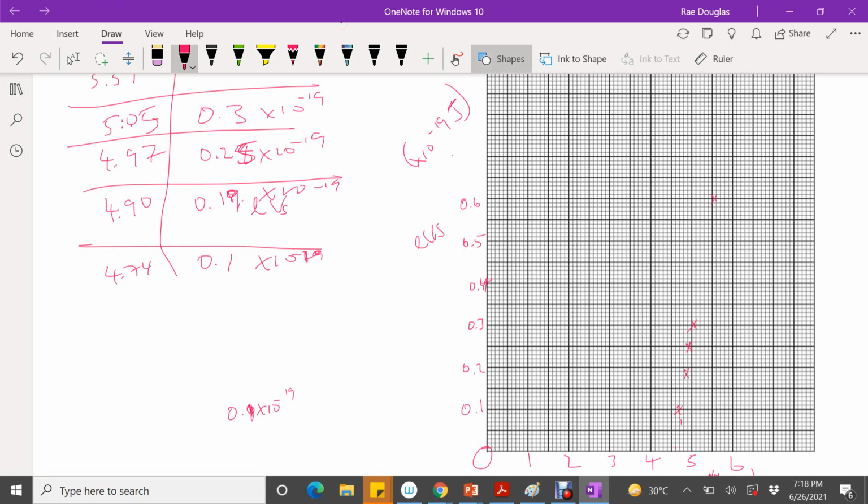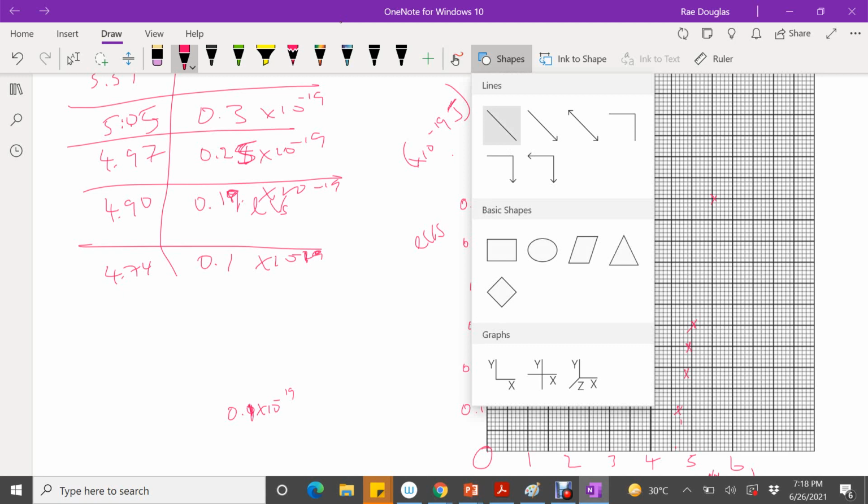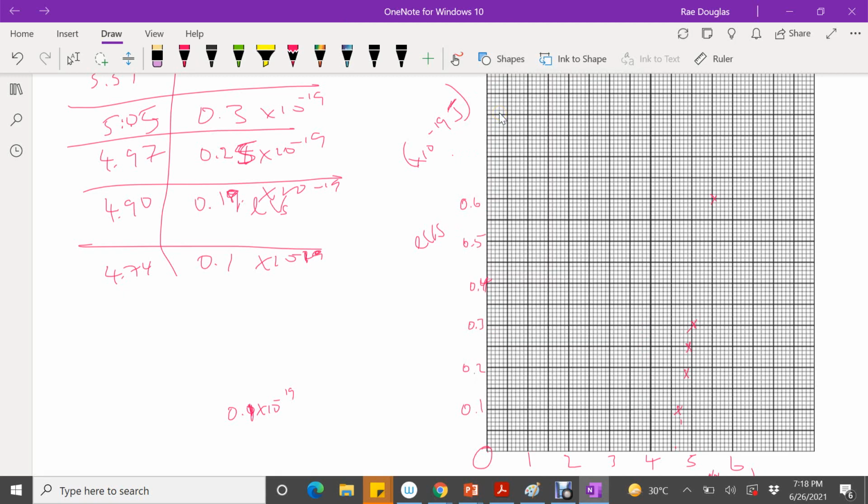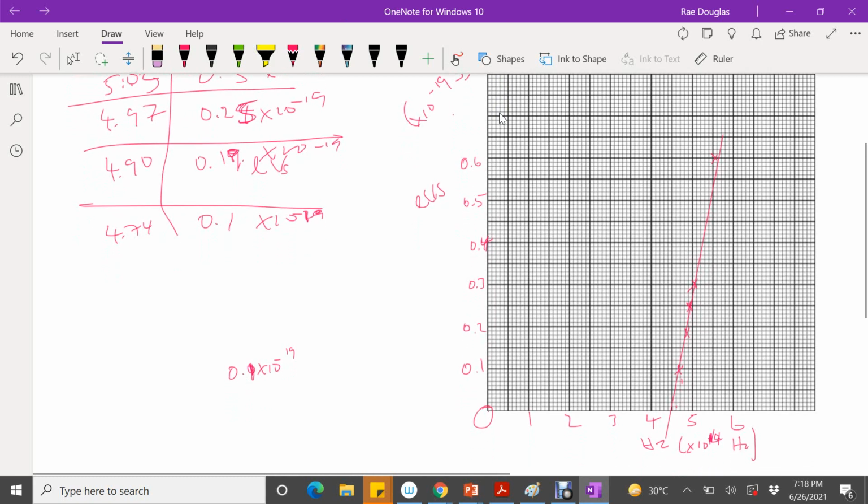Now, they need us to draw a line of best fit. The thing about these lines of best fit, they should really pass through the x-axis technically, because where the line cuts the x-axis is your threshold frequency.